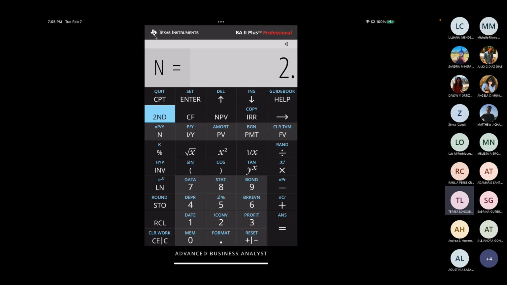So 2 years. Interest, should I put it in as a decimal or as a whole number? What do you think? Or does anybody know how to use this calculator? It turns out for the financial keys, you use the whole number. So you put 8.